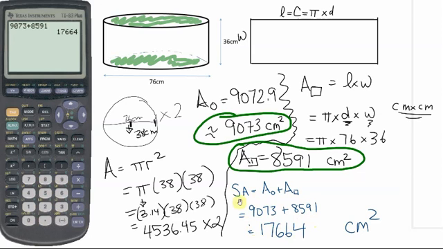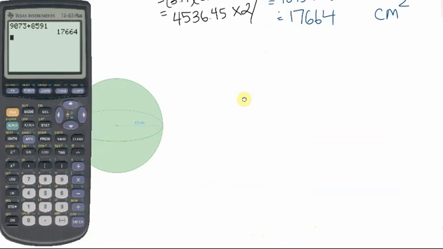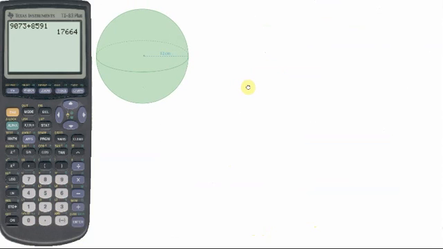All right, moving along. I've got a lovely little sphere. And we're asked to figure out the surface area of this shape. Thankfully, all spheres and balls and circles have one singular dimension.